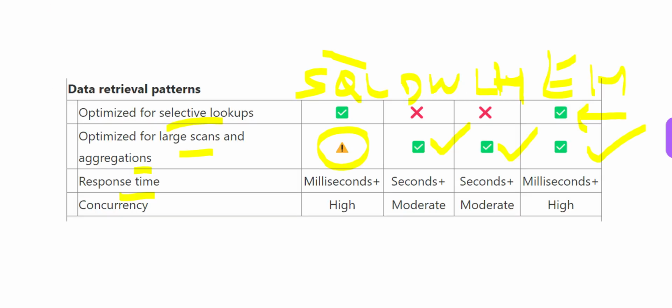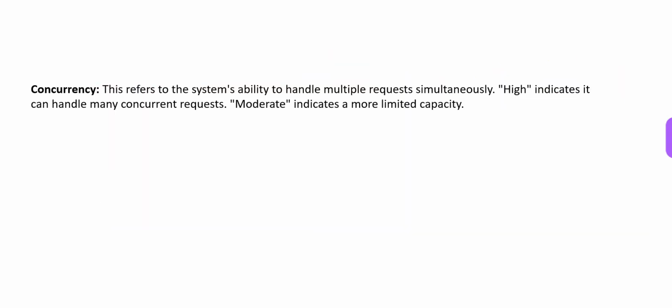Okay, now if you talk about concurrency, a lot of people are not clear on what concurrency means. Concurrency means the ability to handle multiple requests. That means multitasking. Think about multitasking. There is one SQL developer and he's tagged to three different projects. So he's concurrently working on three different projects.